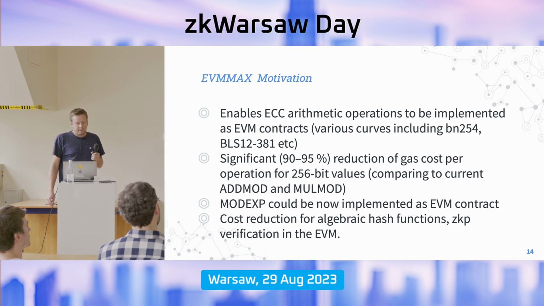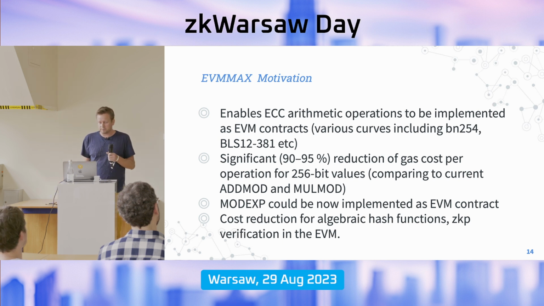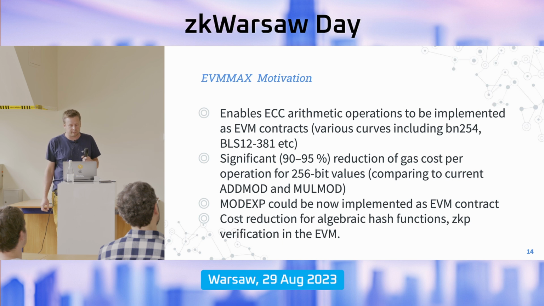Things look even worse for algorithms where the modulus is bigger than the regular 256-bit word in the Ethereum Virtual Machine, like for example BLS, where we have a 381-bit modulus, and in Evmmax it will be supported natively.